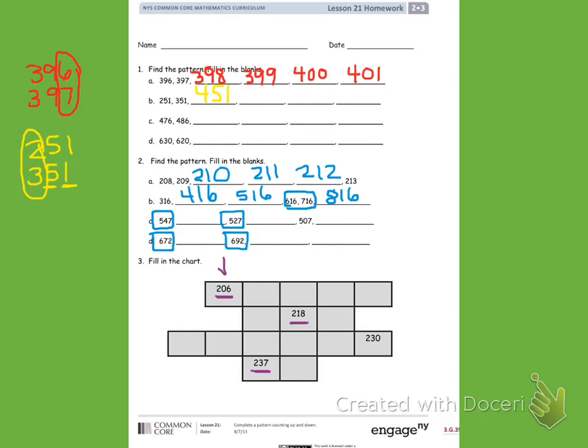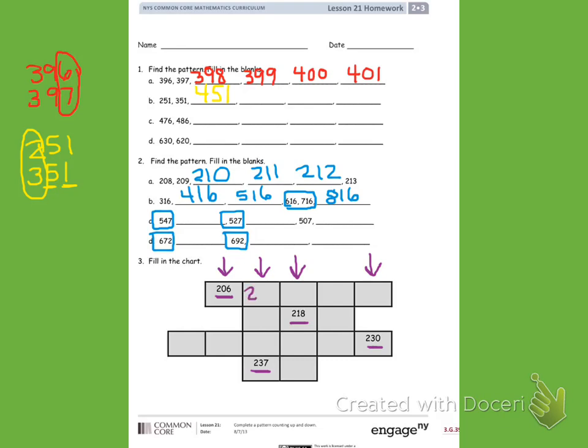This column ends with a 6. This column ends with a 7. This column ends with an 8. And the very last column, you can see, ends with a 0. So if I go across, I can tell that I'm going to be counting by ones.